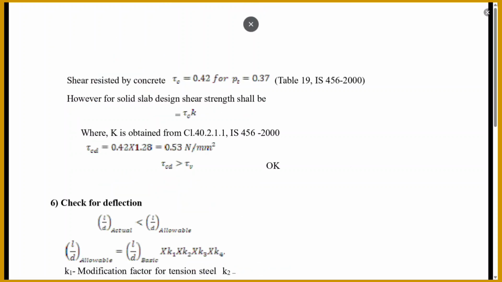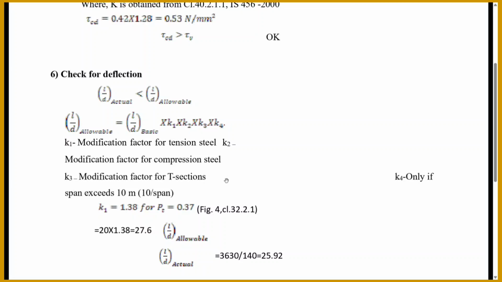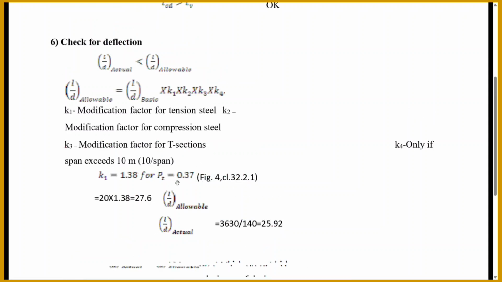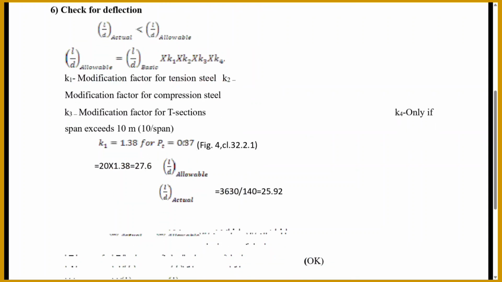As per the clause of the IS code, the K1 is derived as per the codal provision. This K1 is 1.38, and also PT is given as we derived earlier. For that you will have to multiply the span by d, which is 20.